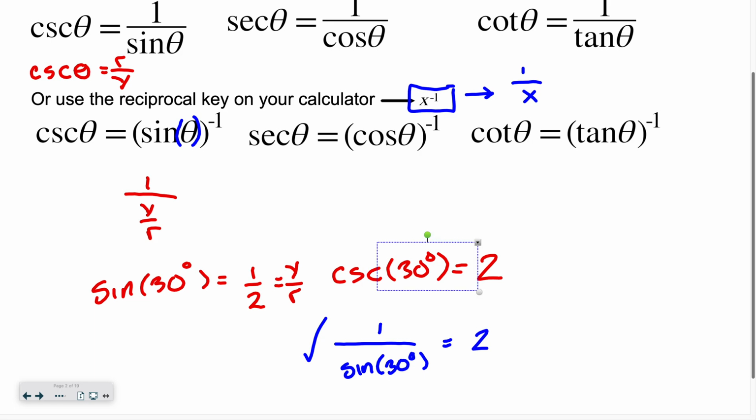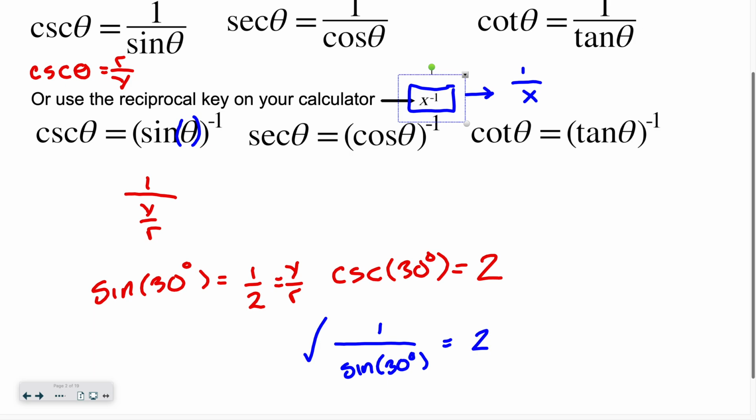An alternative way to do this on your calculator, without expressing cosecant, secant, and cotangent as 1 divided by their reciprocal function, is a key on your calculator. It depends on your calculator model. Many calculators have a key which reads x to the negative first.